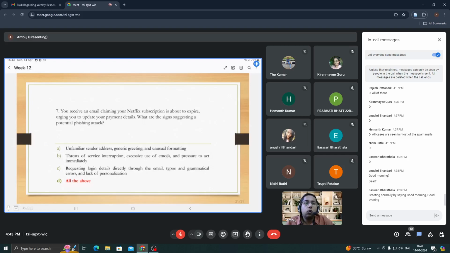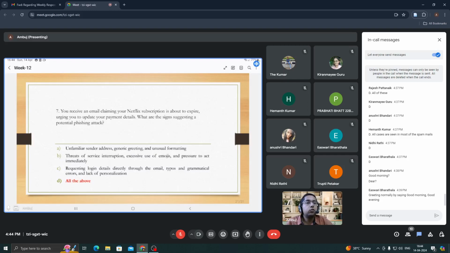Typos and grammatical errors would definitely be there because it is written in a hurry. Then lack of personalization: some general email would be written and circulated.